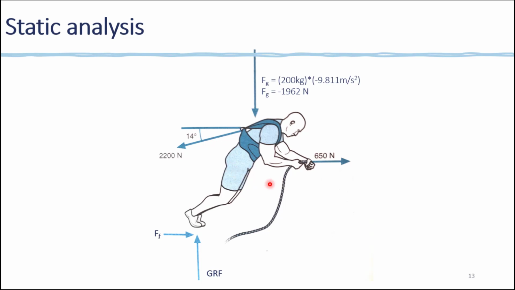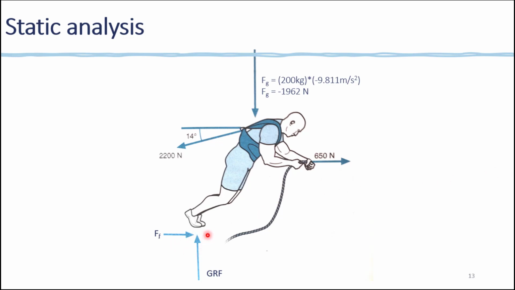Now we have the force that the rope exerts against Brian. We know that Brian pulls back on the rope with a force of 650 newtons, so the force from the rope must be 650 newtons as well, but in the opposite direction. So the force of the rope pulls forward on Brian in the horizontal direction. And there's one force left.